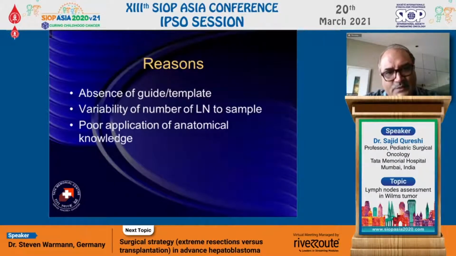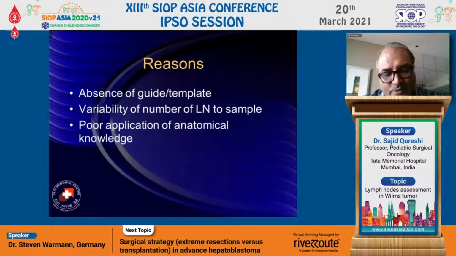Now, why is this such a big problem? The commonest and most important reason is there is no guide. We say sample the lymph node, but there is no guide from where to sample, and there is a problem with the number of lymph nodes also. And most importantly, there is poor application of the anatomical knowledge.